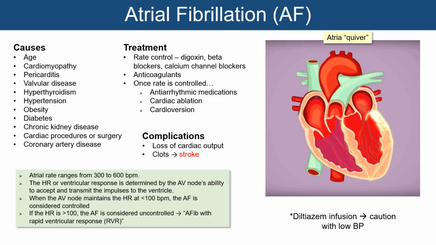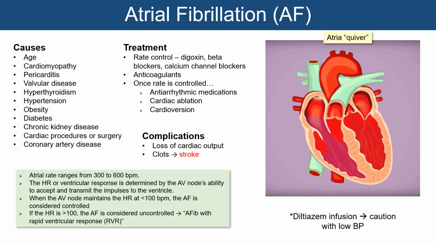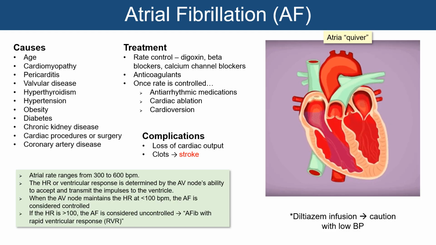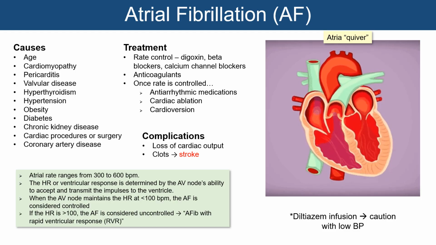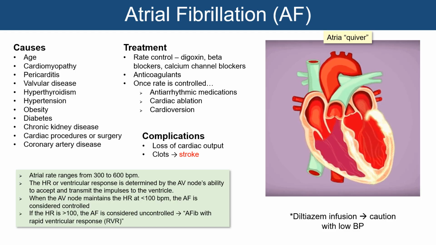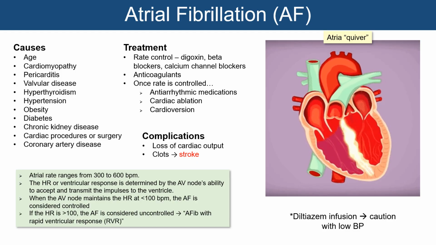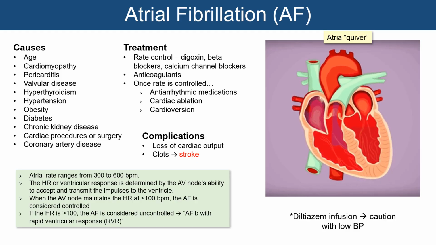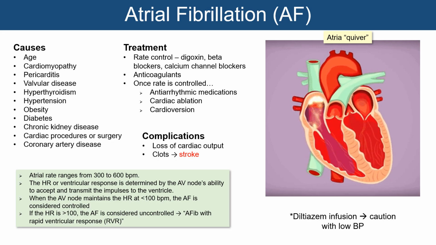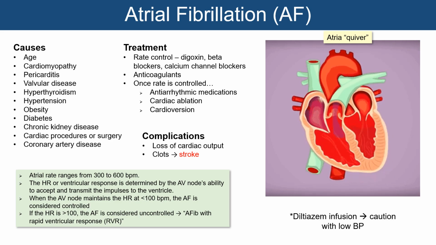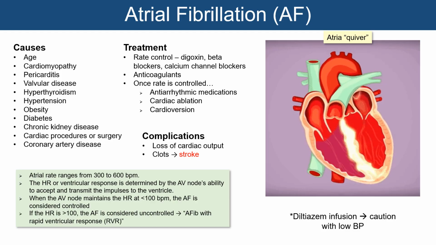Now these patients will sometimes be on a diltiazem infusion. Just a little reminder here, a lot of these cardiac medications can cause hypotension. So if you have a patient with AFib and they're on continuous cardiac monitoring, so you're looking at the rhythm, you're making sure that they're not too high.